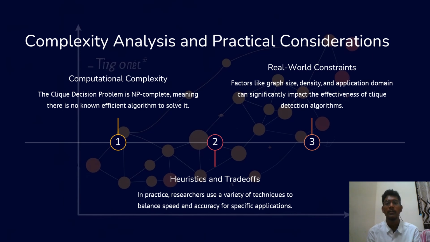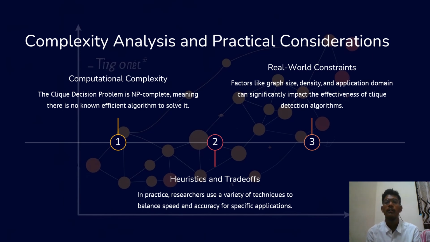Heuristics and trade-offs. In practice, researchers use a variety of techniques to balance speed and accuracy for specific applications.